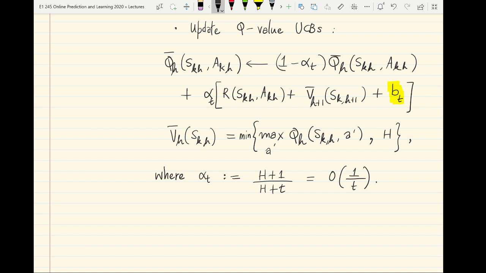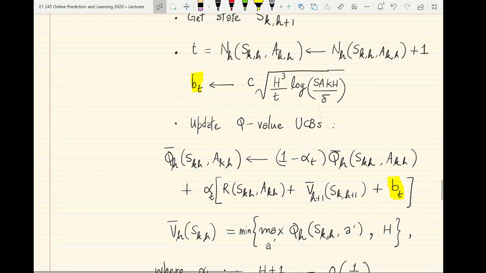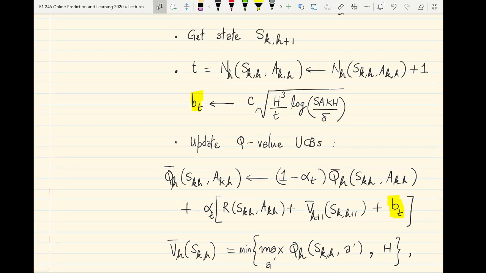Recall t is the play count of the state action pair that is currently being played. Okay, so this is the Q-learning algorithm. It essentially adds this penalty for under-exploration of states and actions, hopefully with a view to avoiding explicit exploration across states and actions and exploring only to the extent required.